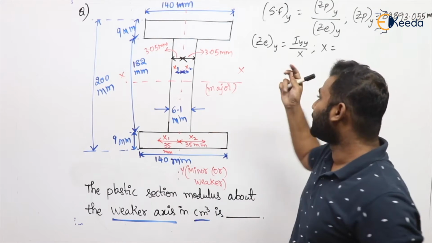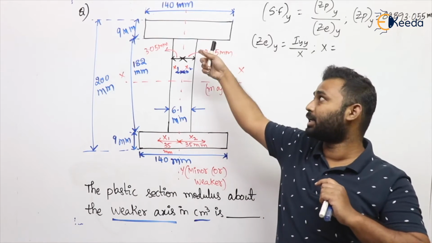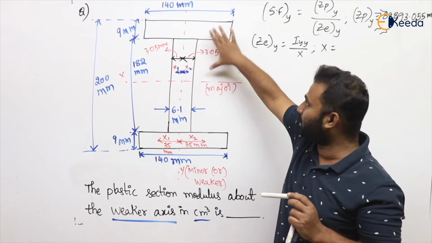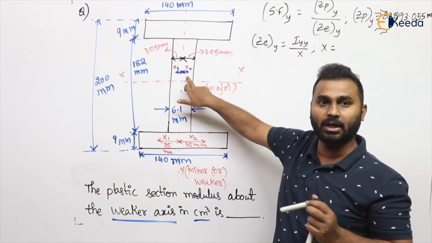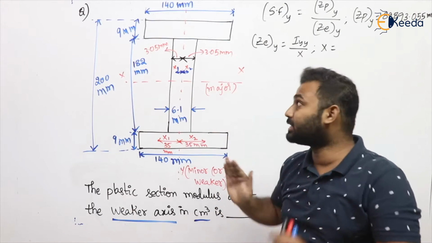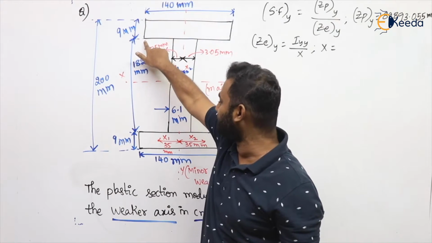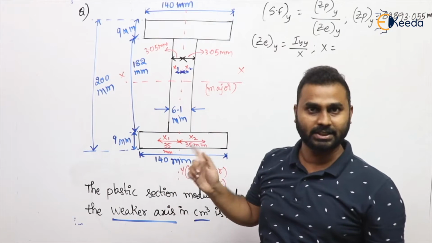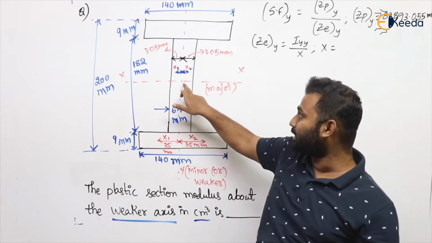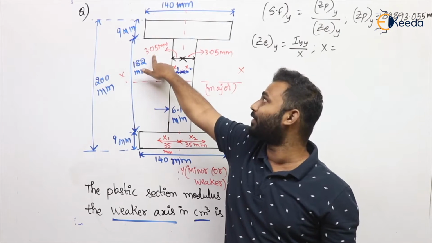Now there exist two values for X, because two kinds of rectangles are there: one horizontal and another vertical. These two are the horizontal rectangles and this is a vertical rectangle. What is the distance of the extreme fiber for the horizontal rectangle from the neutral axis? Here the distance is 70. So that is one X. Another X is for the vertical rectangle: the distance of the extreme fiber from the neutral axis is 3.05.